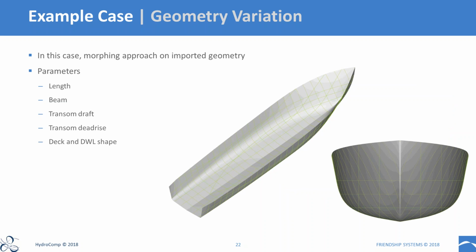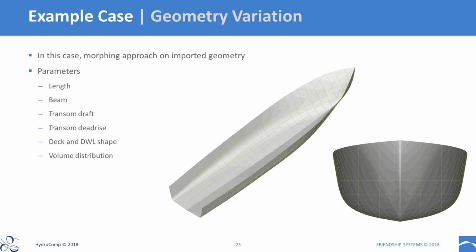The shape of the deck and the design waterline. So basically, I hope you can see it well enough in these animations. It's basically also similar to a scaling, but it's more localized, so that basically we increase the beam at the maximum beam position of the deck, and that also has an impact on the design waterline shape, so they're, let's say, changed together.